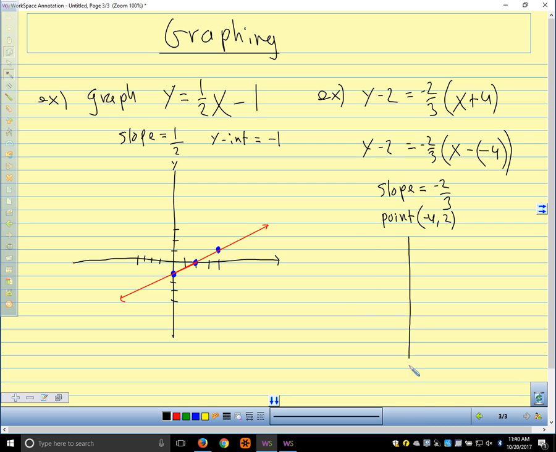So then I'm going to sketch my graph. All right, so here's my point, -4, 2.